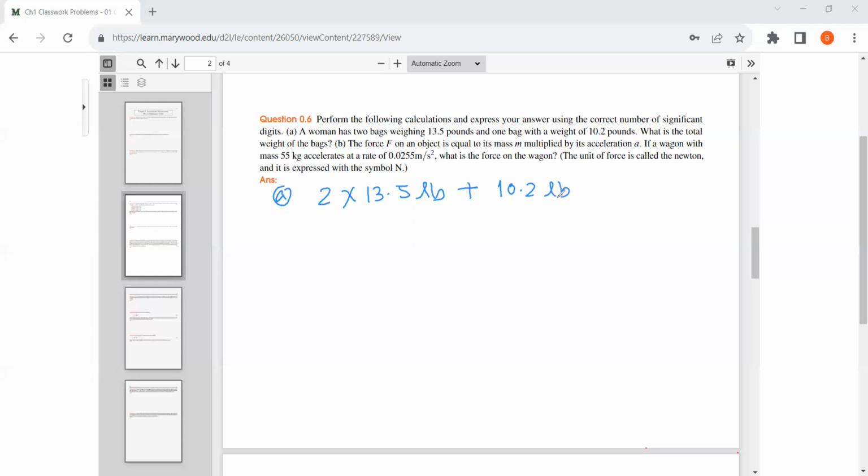The total weight will be 27.0 and then 10.2, so it will be 37.2 lb. Because this is in 3 significant figures and this is in 3 significant figures, our final answer should be in 3 significant figures. So the final answer is 37.2 lb.